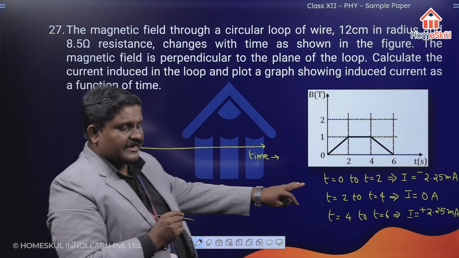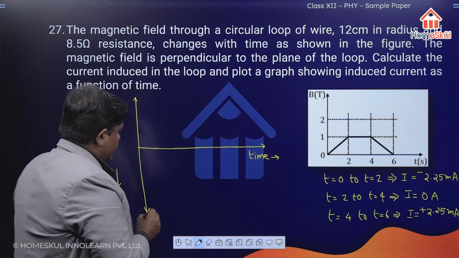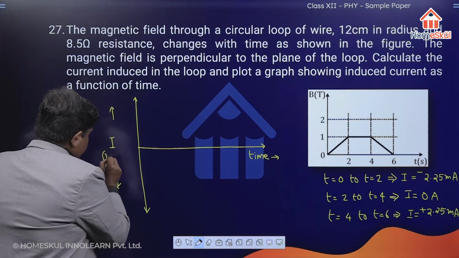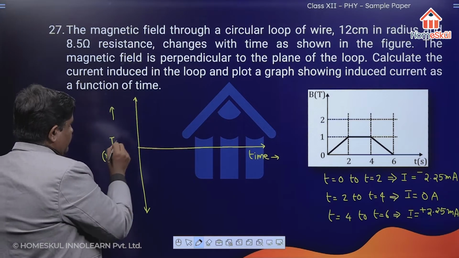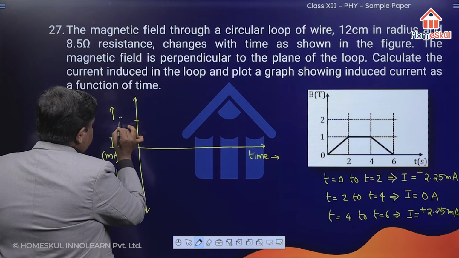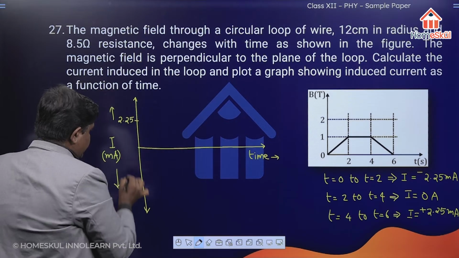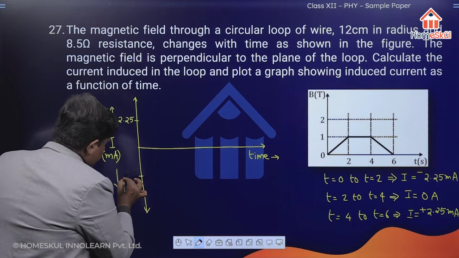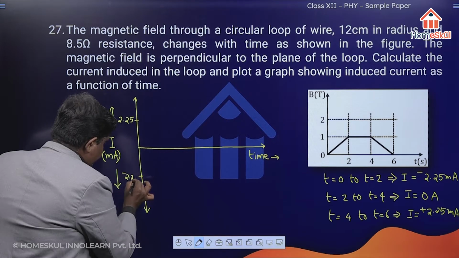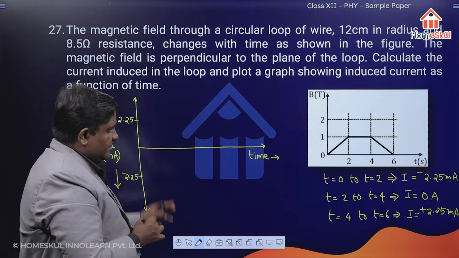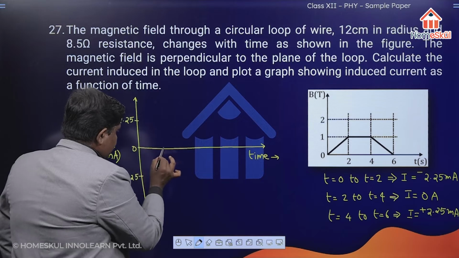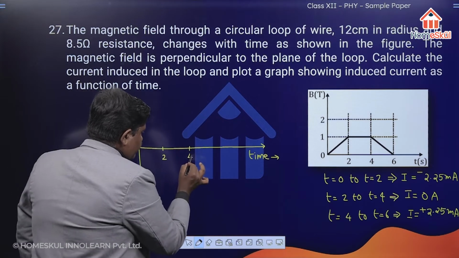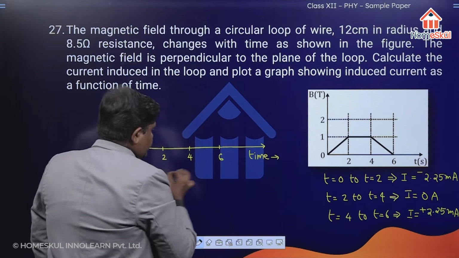The maximum value of current is plus 2.25 milliampere, and the current is in milliampere. The minimum value is minus 2.25 milliampere. The time intervals are 0, 2, 4, 6.